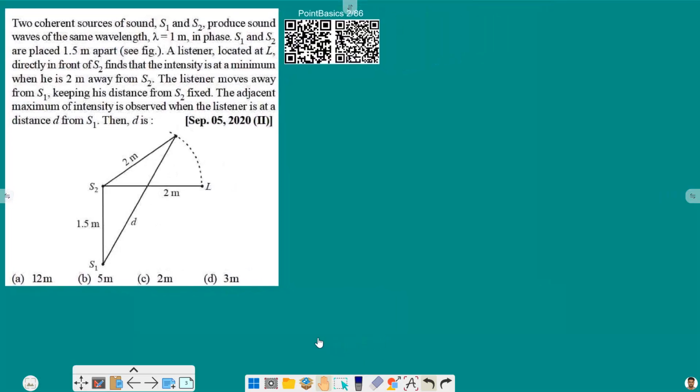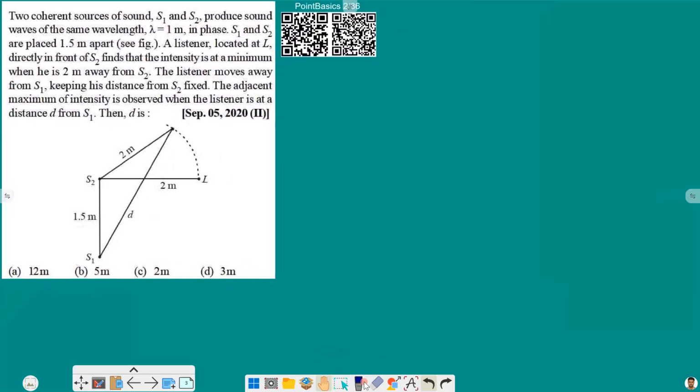And as mentioned, this distance is constant. Here the distance between S2 and the listener is constant and it is 2 meters. So we can say the listener is moving in a circle, that's why his distance is constant.